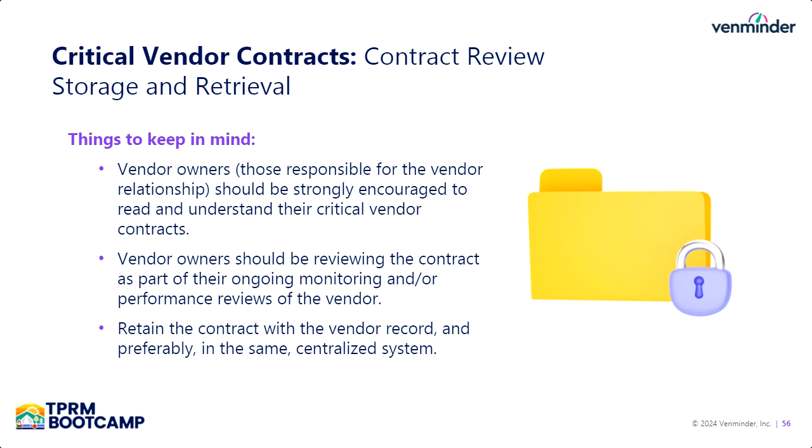Those vendor owners should also be reviewing those contracts as part of their ongoing monitoring and ongoing performance reviews of the vendor. I think I've mentioned that a couple of times now. And they need to ensure, whether it's a vendor owner or a centralized responsible party, that the contracts with these vendors are recorded, monitored, and maintained, preferably in some centralized system.